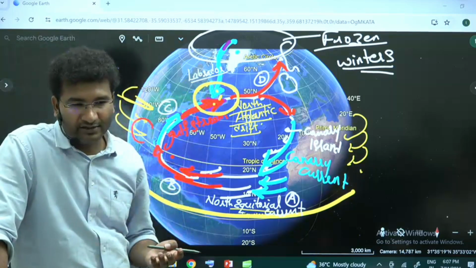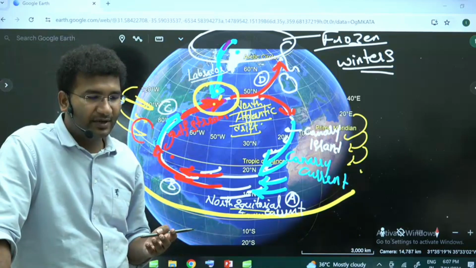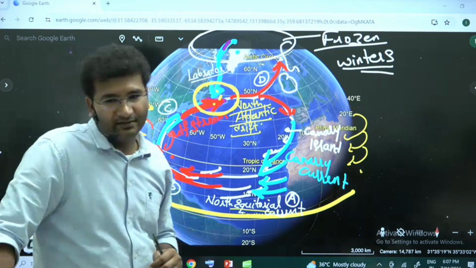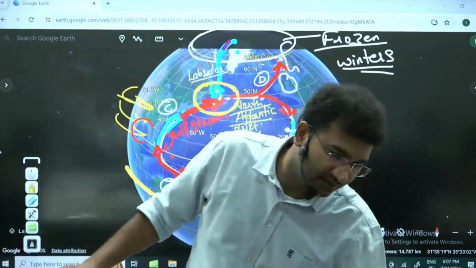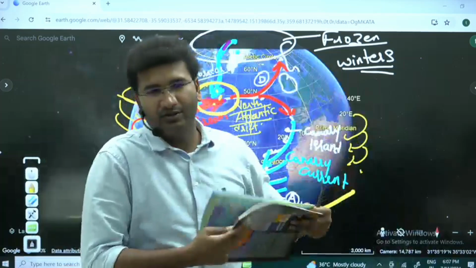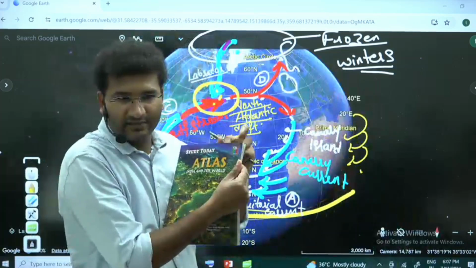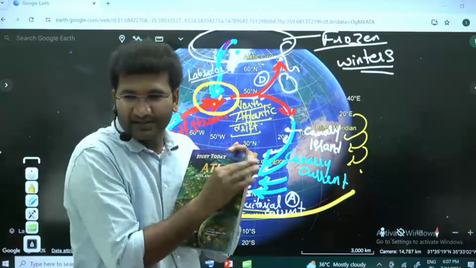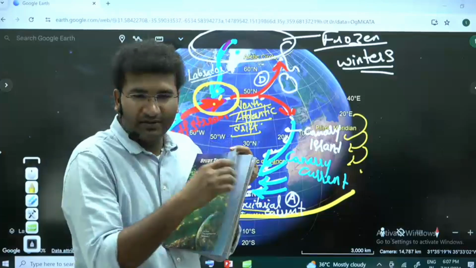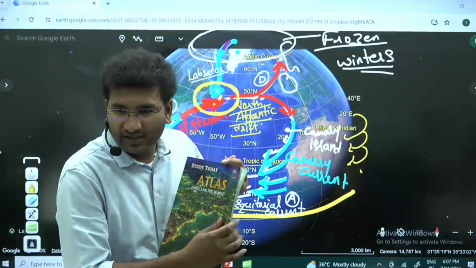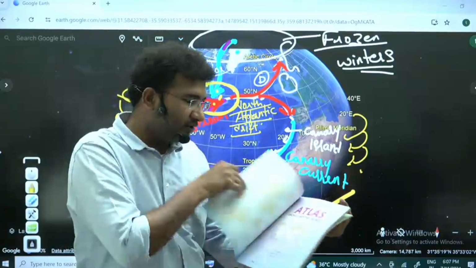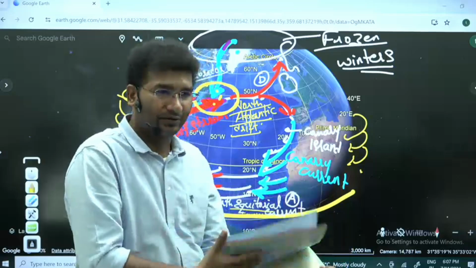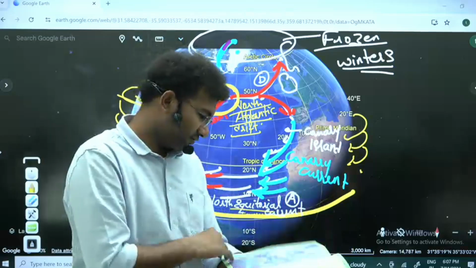You can open your atlas, the physical map. From tomorrow, what you will have to do is, if you have an atlas, you'll get sticky notes, right? Paste them on each page: world map, India physical map, ocean currents map, so that you can quickly open them in the class and look into them.